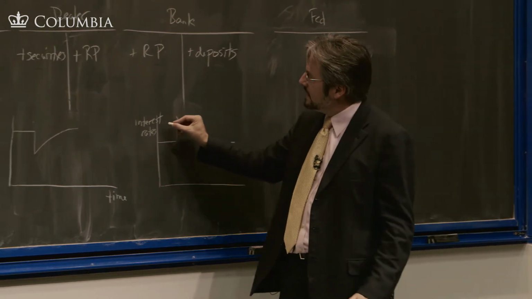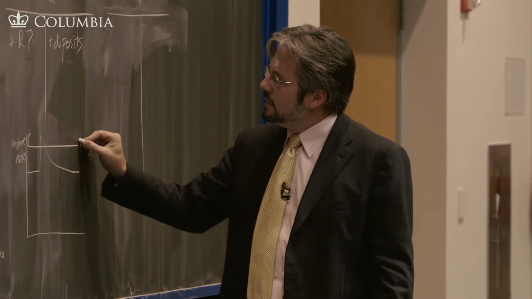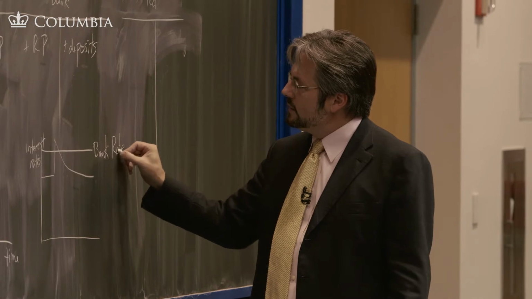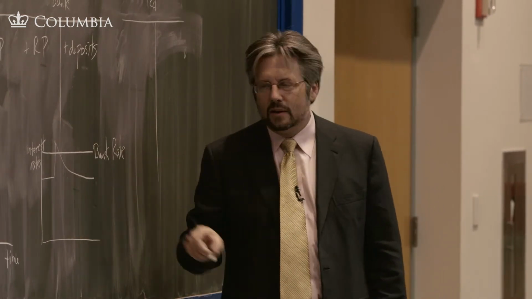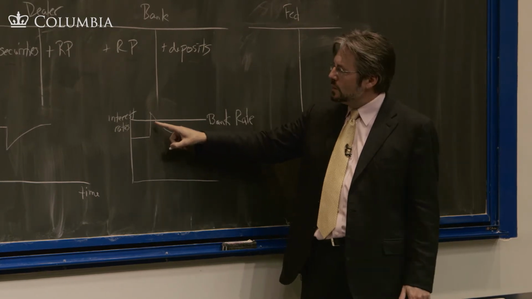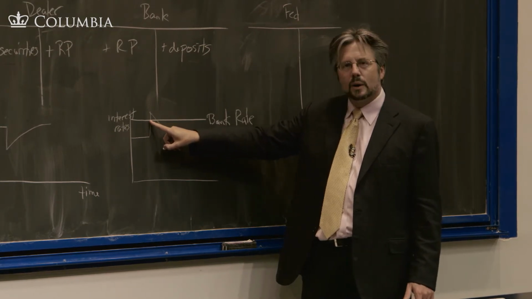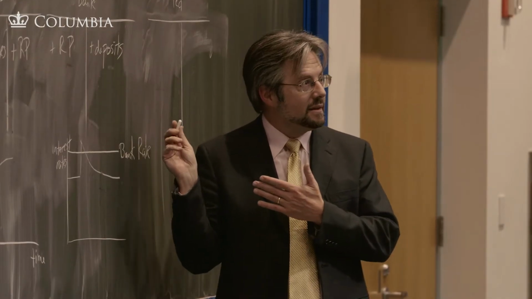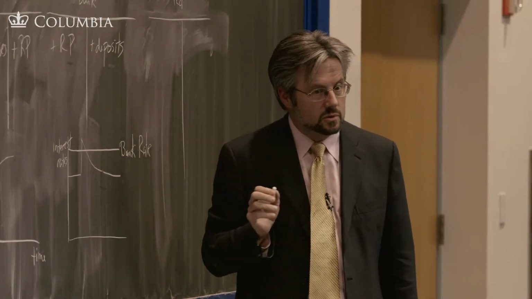Well, the way to think about that is that the central bank is setting an interest rate sort of like that, so that if the market on its own would cause rates to spike above this, the central bank becomes the lender of last resort to the market.